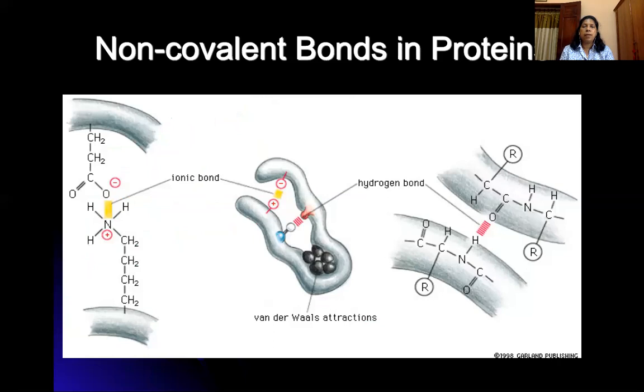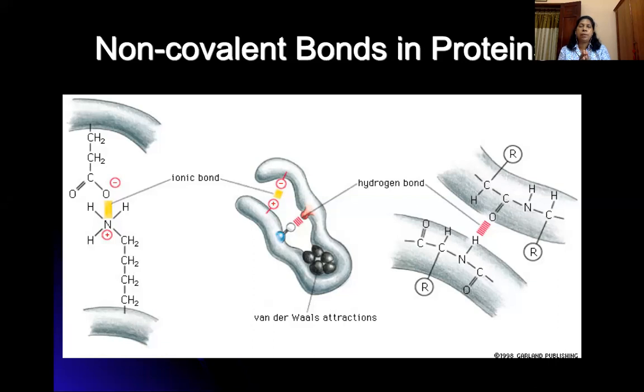Similarly, there are other non-covalent bonds in proteins, that means ionic bonds and van der Waals attraction, that can be there when it is folding, because different parts of the molecule can be close together because of the folding of the protein.